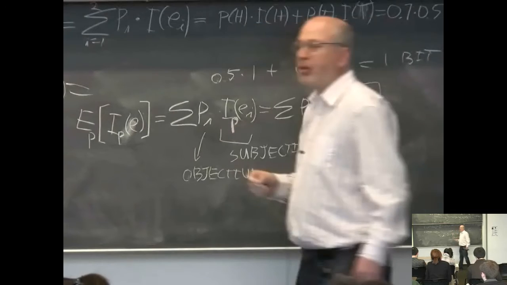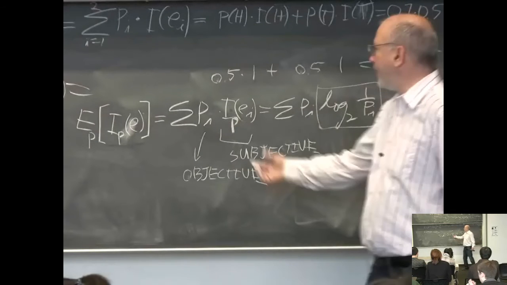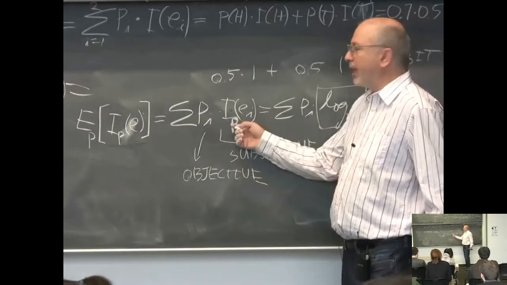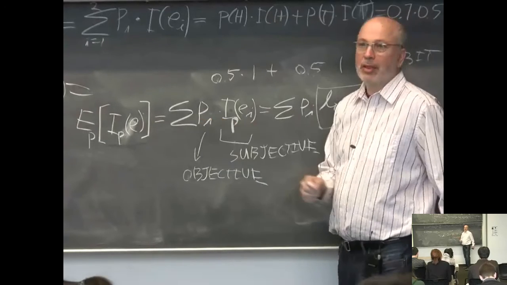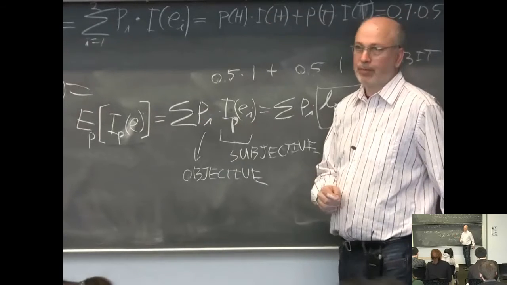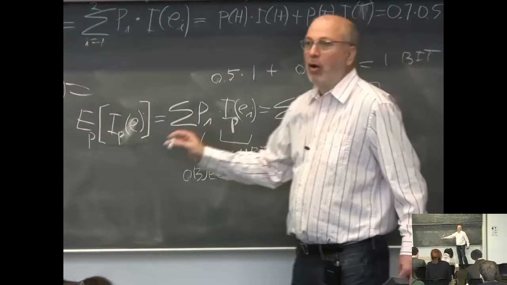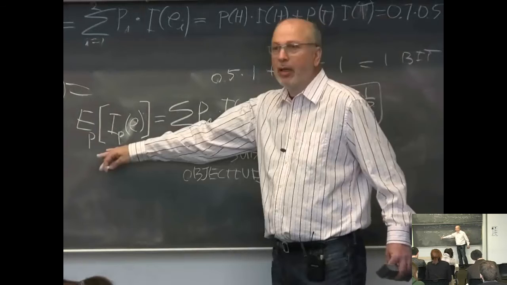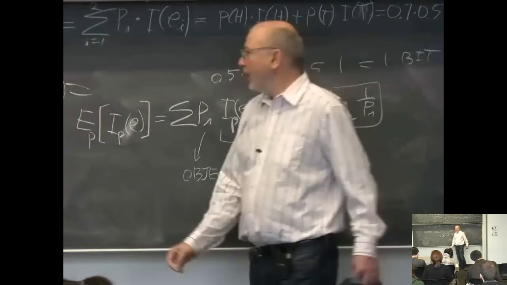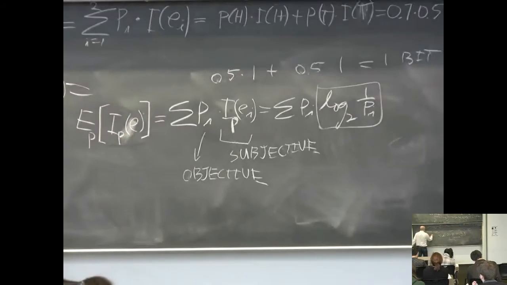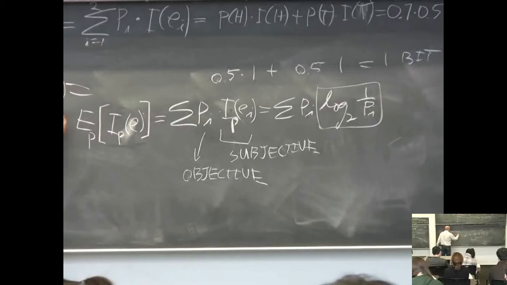The distinction is important because at some point we're going to split them apart and ask what happens if our belief about the world is different than the true distribution in the world. But for now, let's assume that we know the truth. So we know P. Here and here they're the same. And this is called, of course, the entropy of the distribution P.